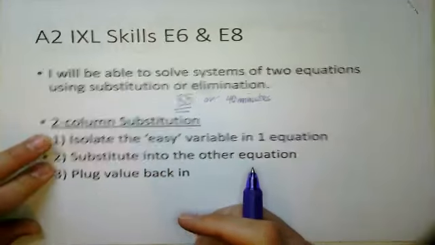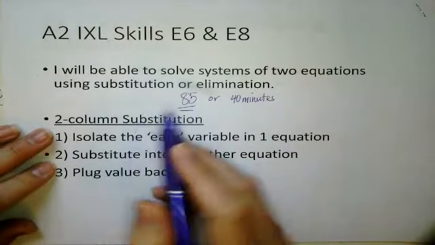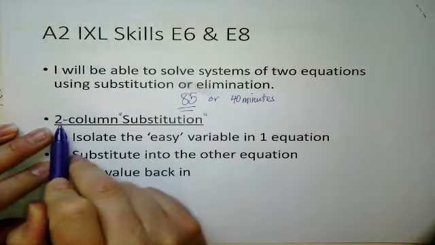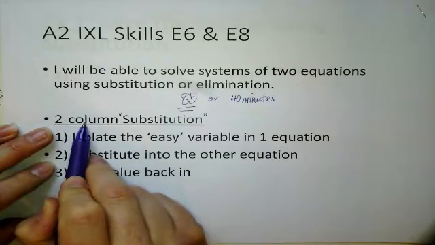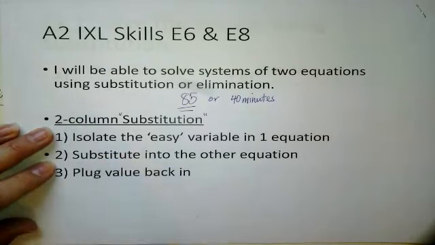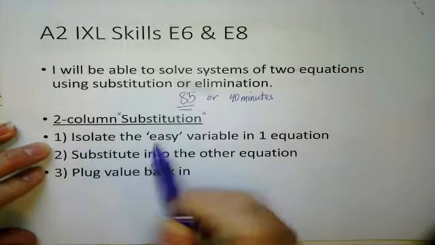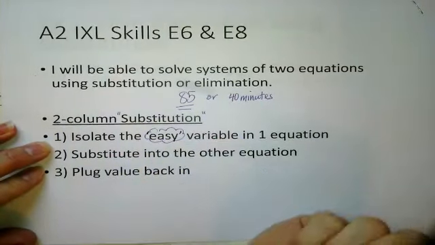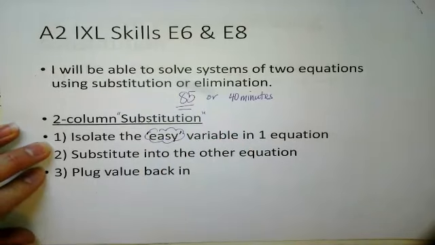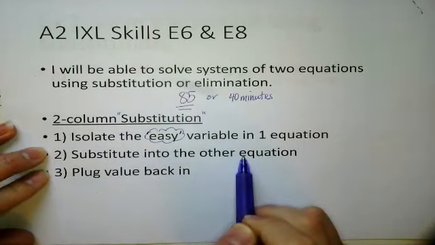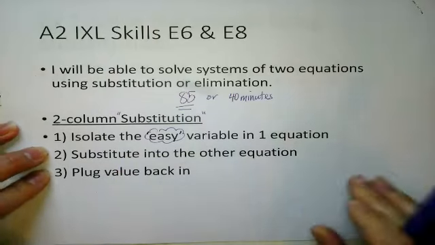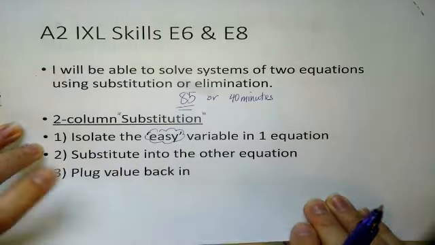So here we go. We're doing substitution, and most people call it substitution. When I taught it, I said this is two-column substitution, so I'm going to do it just like I did way back in September. The first step is to isolate the easy variable, the one that does not have a coefficient in front. It doesn't matter which equation it comes from. Then we substitute it into the other equation, and you plug that value back in to complete the circle.